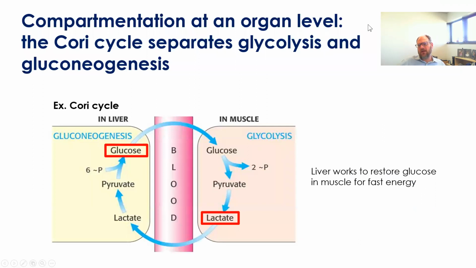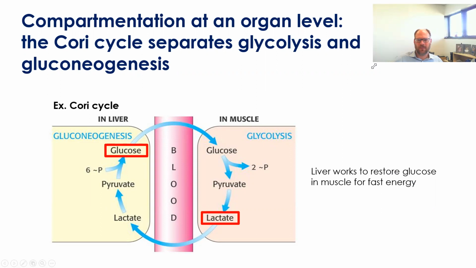The other way we as vertebrates have organized this metabolic partitioning is by putting certain metabolic activities into different organs. So for example, the muscles are responsible for heavy exercise. They'll produce lactate.